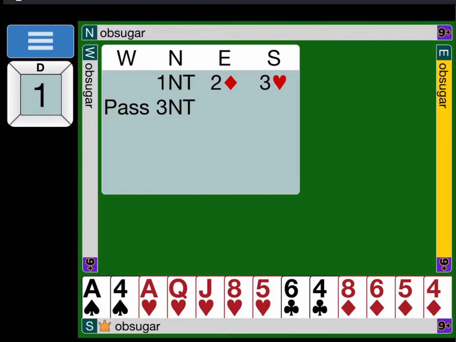You just have to agree to play transfers at the 3 level, and then you have to sort out a couple things. That's called transfer Lebensohl, or I call it 21st century Lebensohl. We're learning 20th century Lebensohl. Of course, most of the music I've played before class has been in the 20th century, so I think you know where I'm coming from.